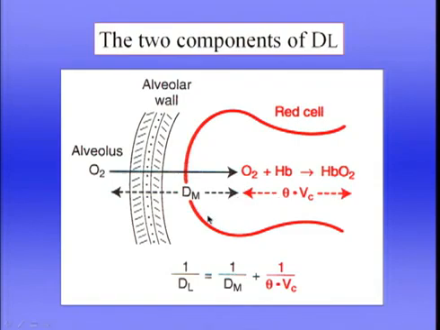That's a little bit complicated, that last bit, and maybe it's not important to be able to trot it all out, but I think it is important to recognize that there are two factors in the diffusing capacity for carbon monoxide. One is the physical process of diffusion here, and the other is the rate of reaction, and that the volume of blood in the pulmonary capillaries is a significant factor, and that we can also change the rate and exploit the fact that we can alter that.